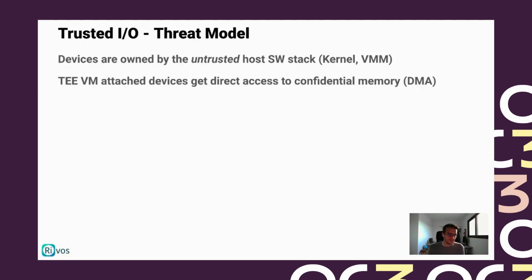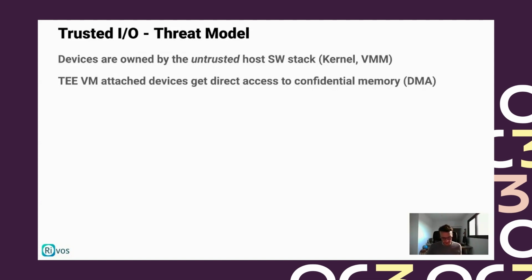And if you want to take those untrusted host software stack owned devices and attach them to your trusted VM, then you basically are saying that you're going to allow those devices to get direct access to confidential memory. Your trusted virtual machine, your TE virtual machine, is running off confidential memory. And when you assign those devices that are managed by an untrusted part of the software stack, you basically give them direct access to confidential memory.